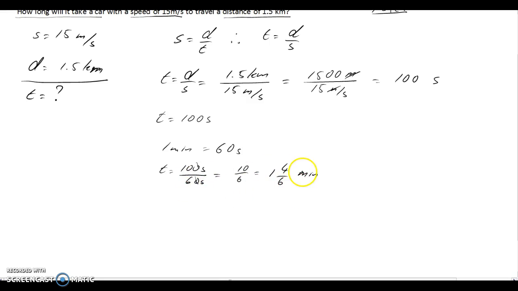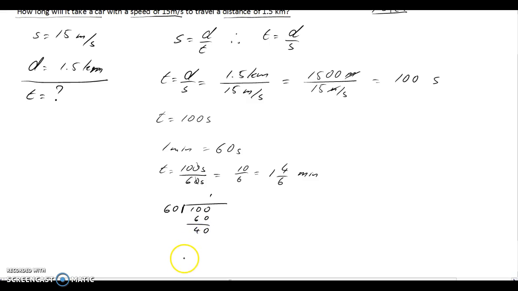So instead of doing this, what we can do is find out how many minutes and how many seconds. So this is a combination of minutes and seconds. What I need to find out is how many minutes and how many seconds we're dealing with. So I have 60 dividing the 100, and I know that 60 goes into 100 once. Write down the 60, I have a remainder of 40.